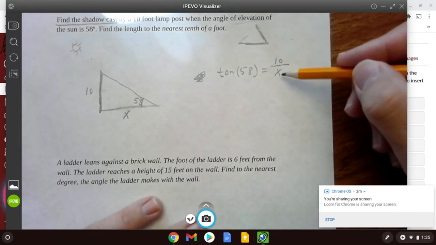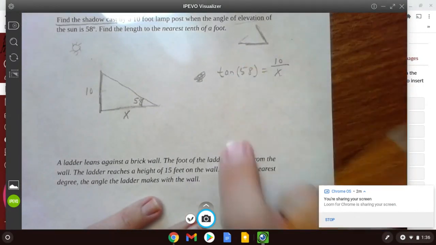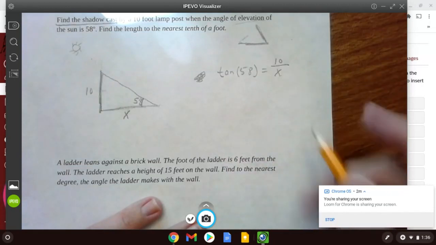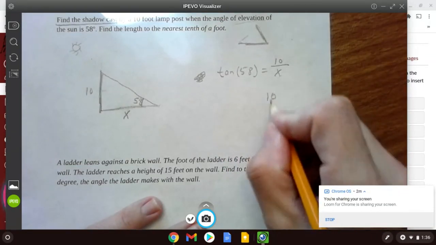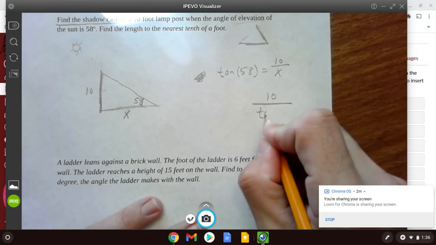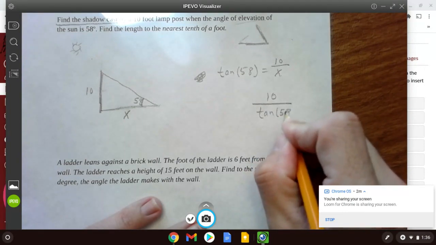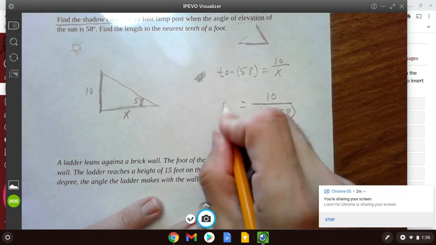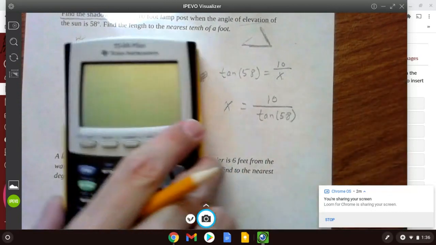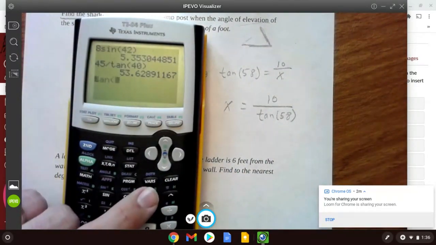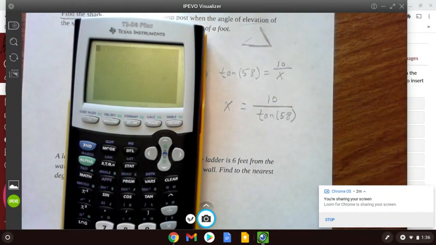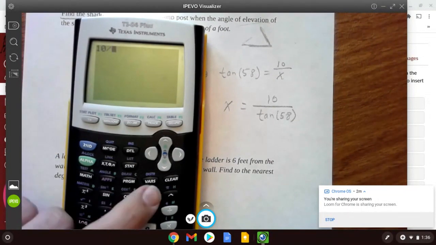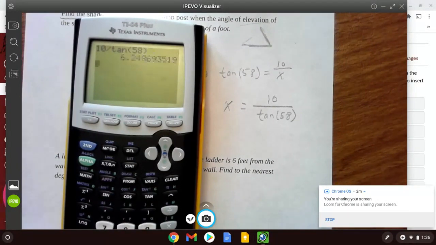So we would multiply by x, and then we would divide by tangent. So this is just going to be 10 divided by tangent of 58.